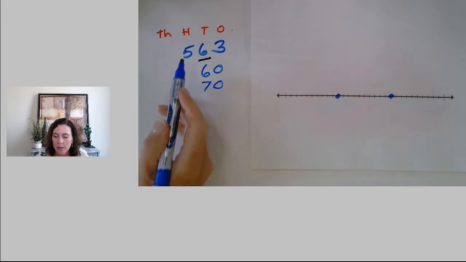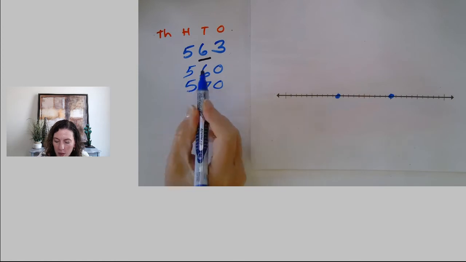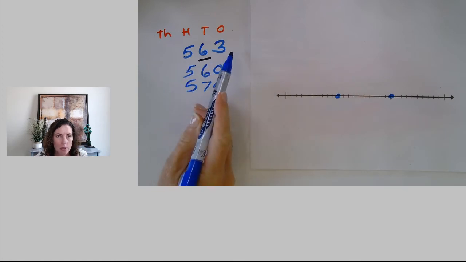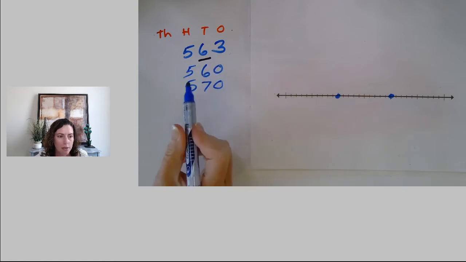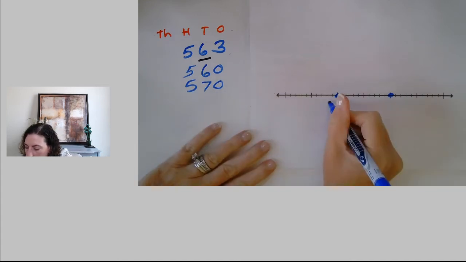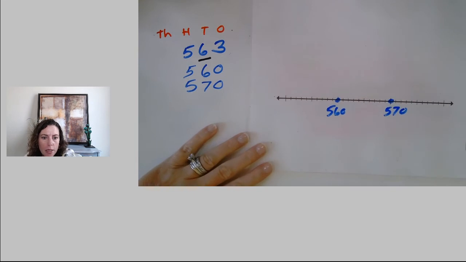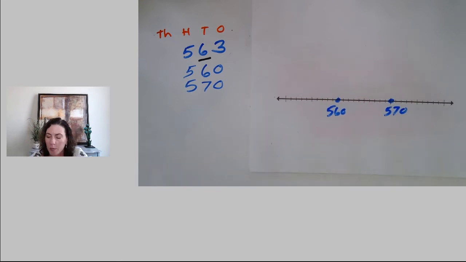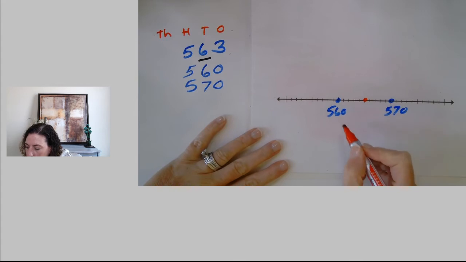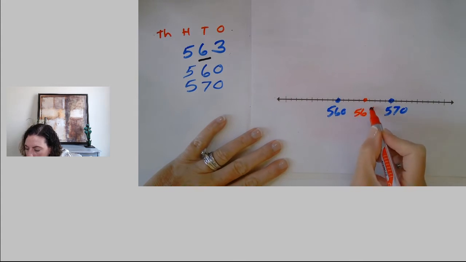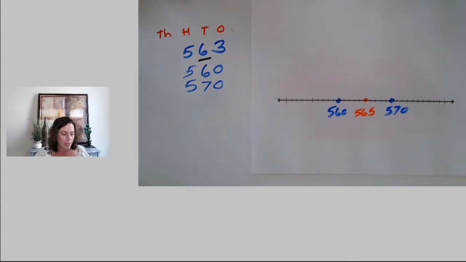That's right. And this number would stay the same because we're talking about 563 is in between 560 and 570. 560 and 570. Okay, great. And what's our midpoint? Remember, the middle of 10 is 5, so this would be 565.